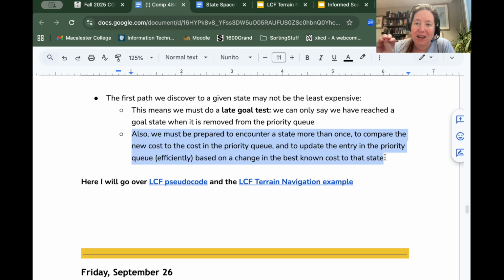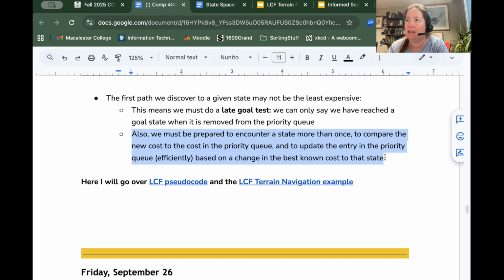So we have to be prepared to discard one and keep another when we have a second path to a particular intermediate state. If you have two different paths you could go to get to a particular state from the start, we might visit one first and then find the second. When we have more than one, we just keep the better one and throw out the other, no matter which was first or second.